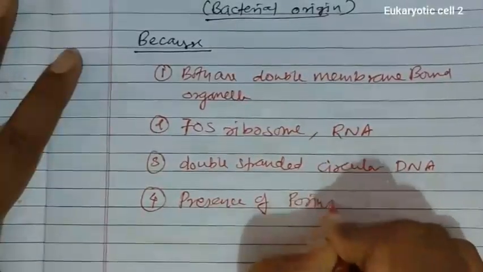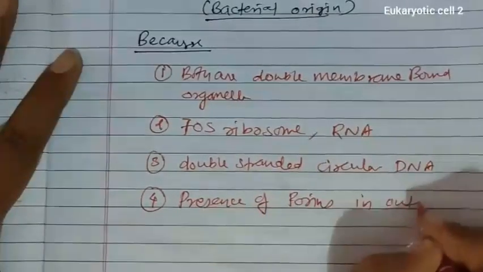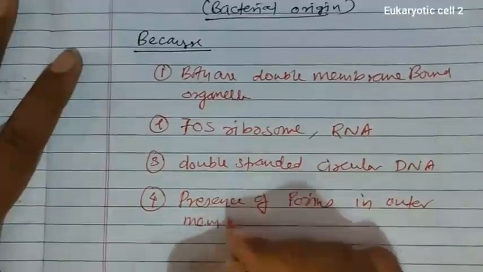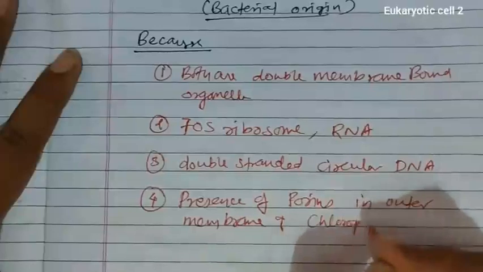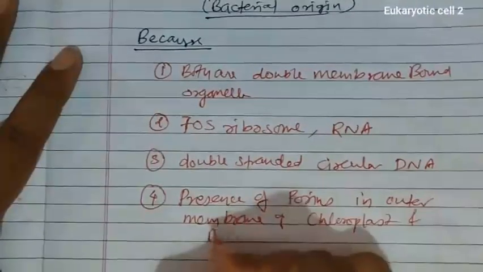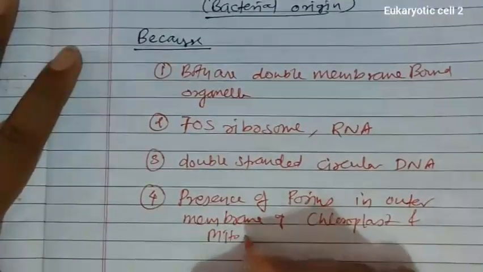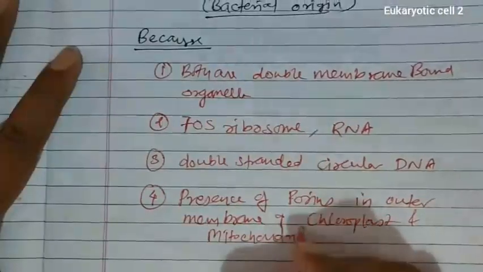porins in the outer membrane of chloroplast and mitochondria.